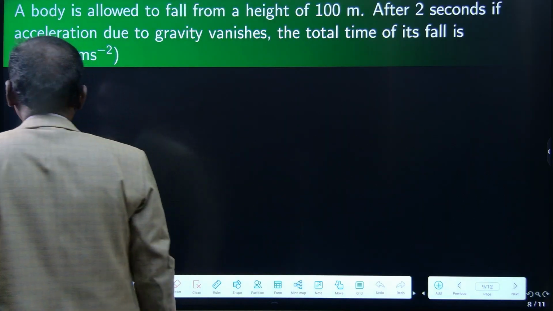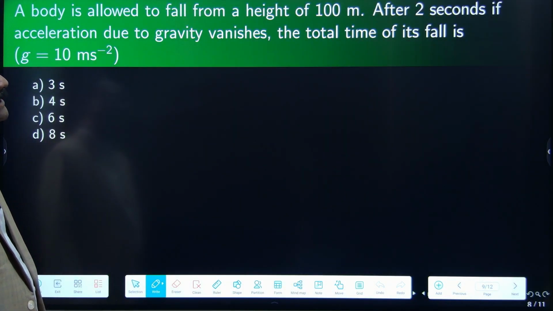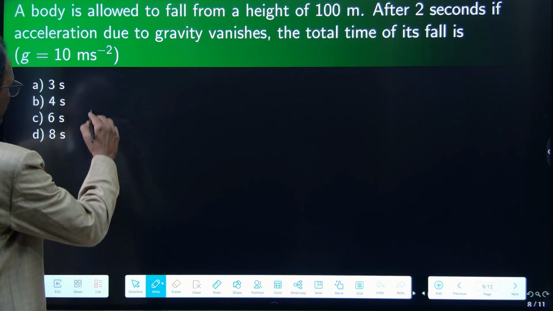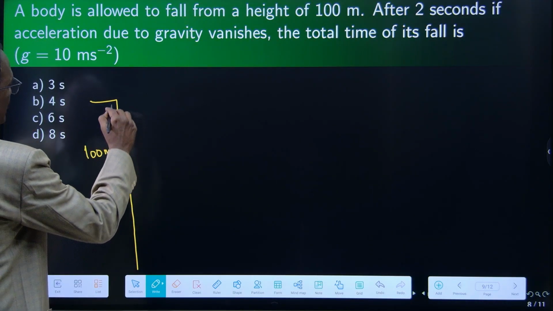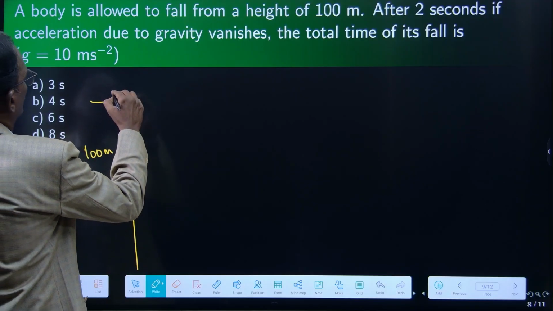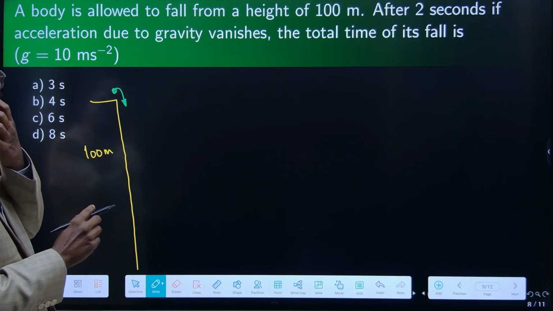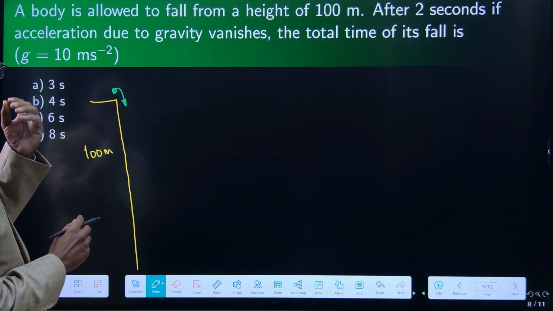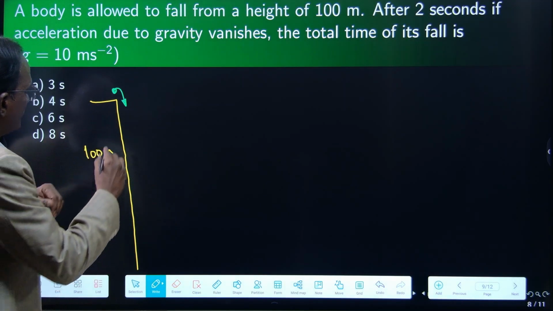Yes. Next one. A body is allowed to fall from a height of 100 meter. From a height of 100 meter, assume a building, a body is allowed to fall. After 2 seconds, if acceleration due to gravity vanishes, after 2 seconds it is falling.